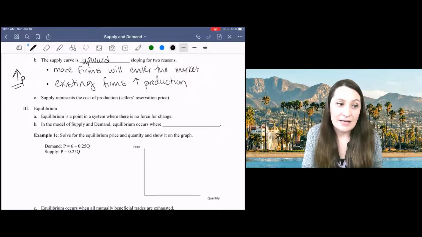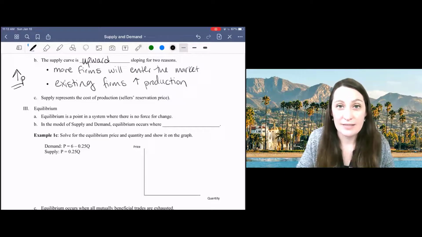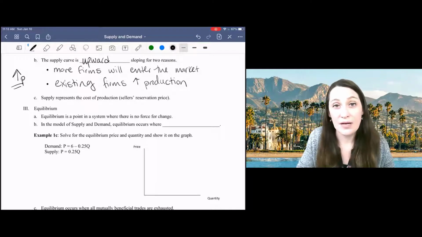Just like with demand, supply represents the seller's reservation price. That means it's something a little different than the buyer's reservation price. Recall that the buyer's reservation price was the value of the product to consumers or the benefit to society.